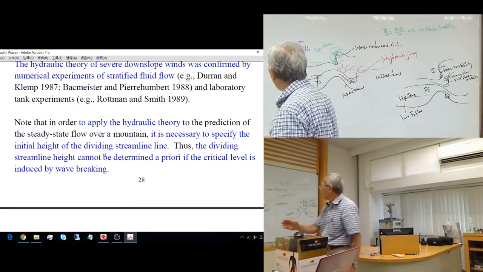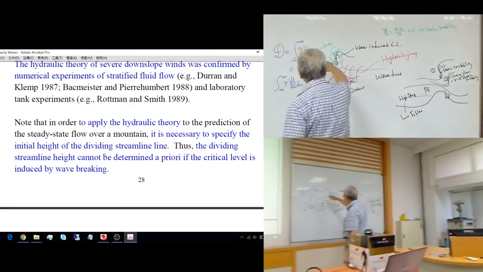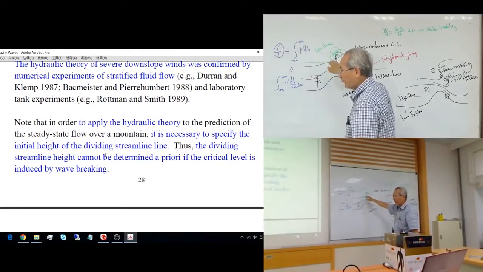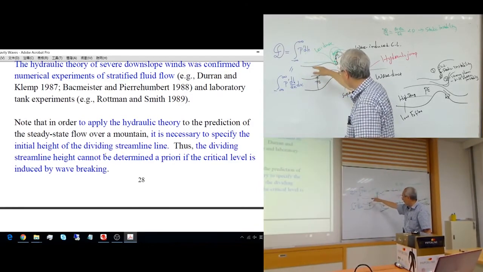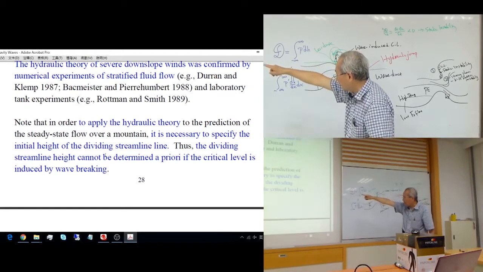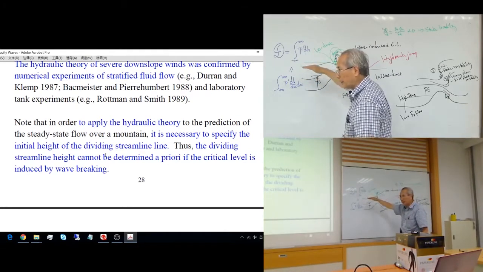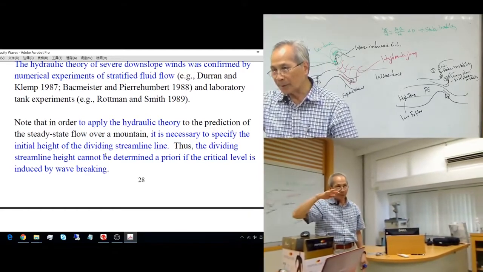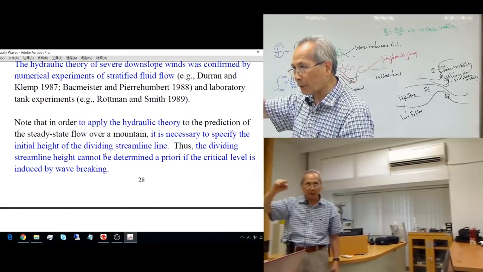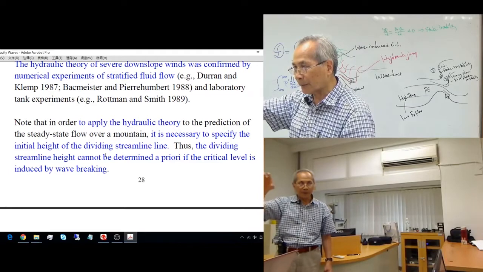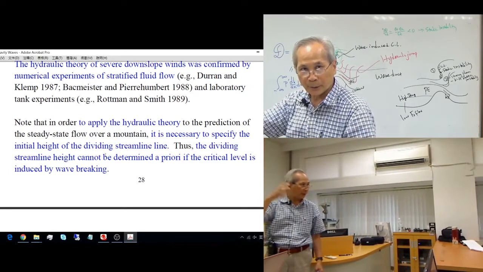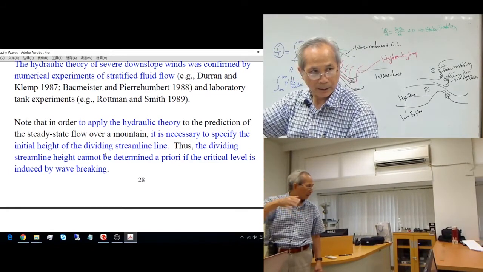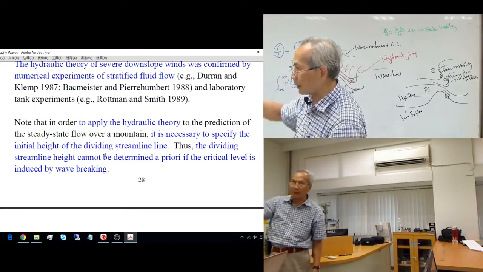Because with wave breaking, you don't know where it's going to happen, since it depends on your flow structure. It's going to happen, but here you have to specify it, so it's a little bit artificial. Although the theory is very beautiful because it captures a lot of observed phenomena, puts it in a simple way, and can reproduce the hydraulic jump.